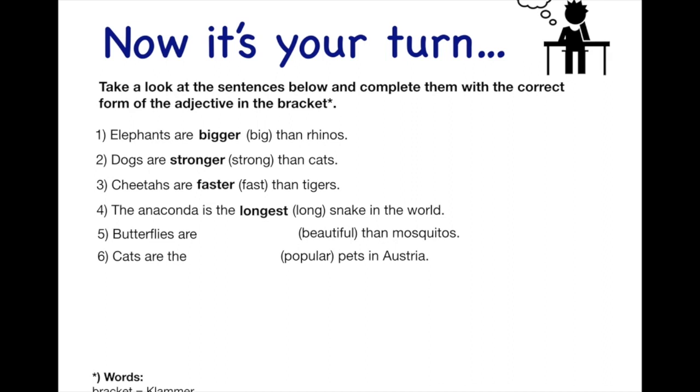So butterflies are more beautiful than mosquitoes. And finally, cats are the pets in Austria. Again, no than, but a the. So cats are the most popular pets in Austria.